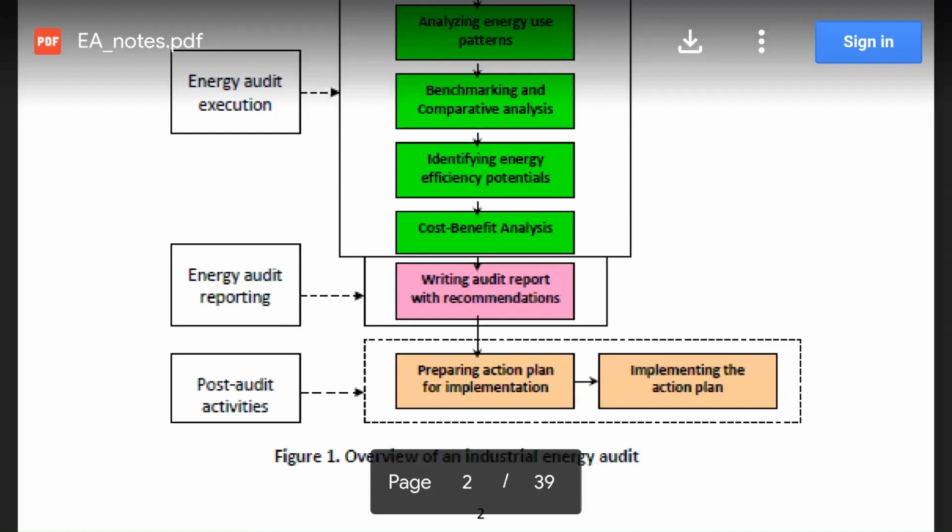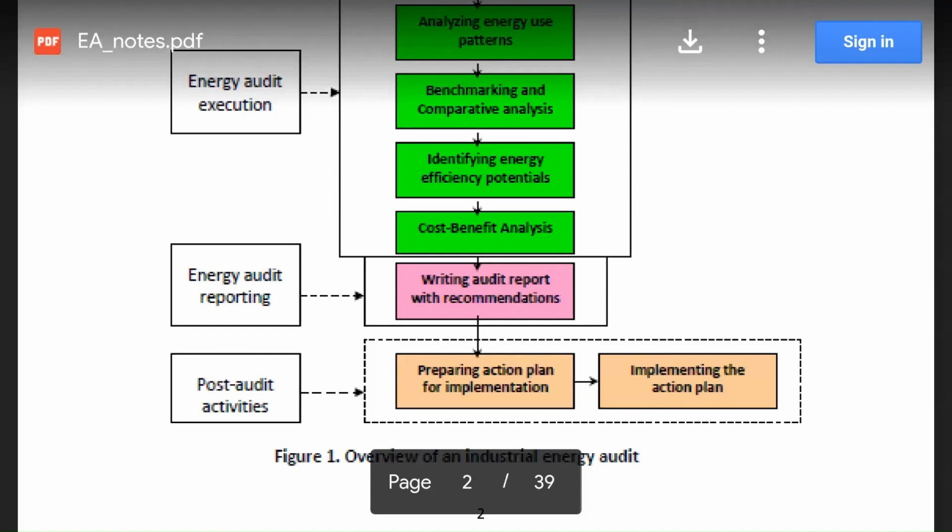Okay, then last is the energy audit reporting. What are the contents of the energy audit report, how it is being written. Okay, so there should be less text and more graphical analysis.